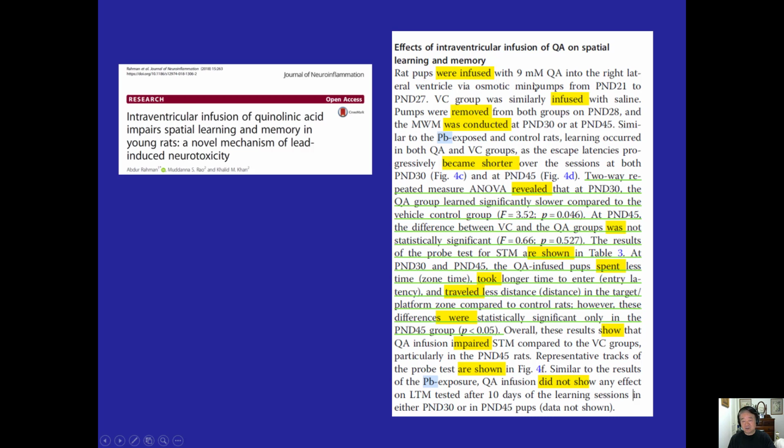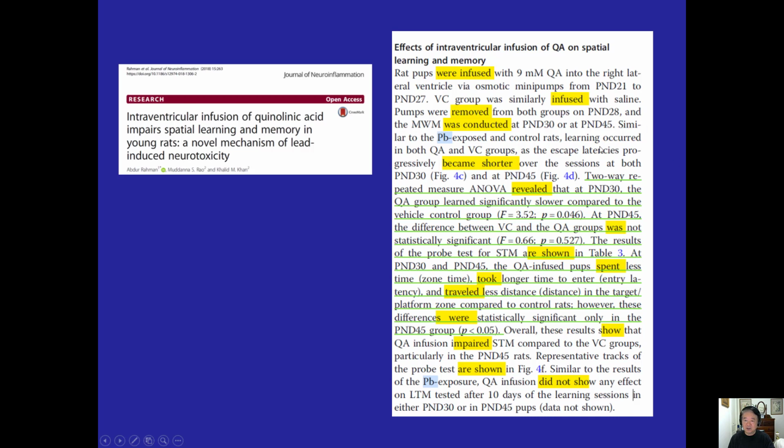This is one paragraph in the results section, and one title here: effects of intraventricular infusion of quinolinic acid on spatial learning and memory. Now they come up with this as an experiment method basically, but I think it's a bit too long. But that's okay. We can use the short, but not too long. If it's too long, that should be in the method section rather than in the results section.